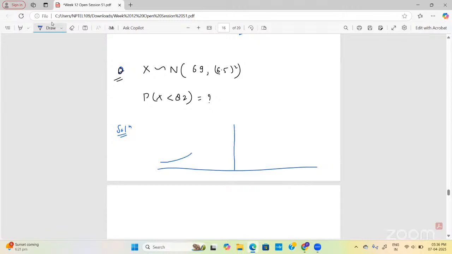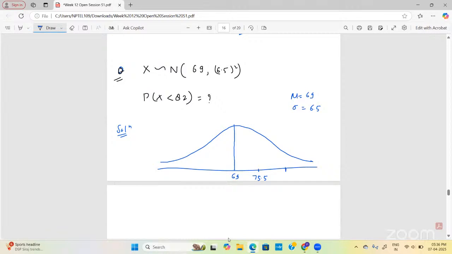Okay, so first of all, I'm drawing the figure of it. So this is 69, right? Mu is equal to 69 and sigma is equal to 6.5. So if I go one standard deviation away, which means 69 plus 6.5, it will become 75.5. Okay, this is mu plus sigma, one standard deviation away.